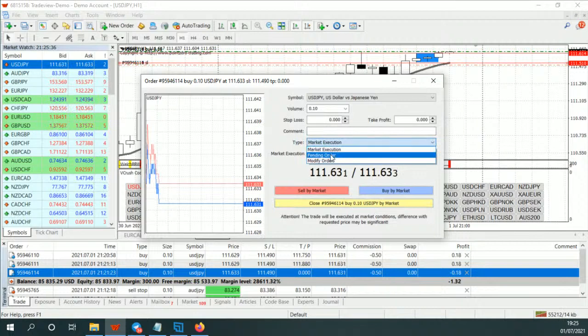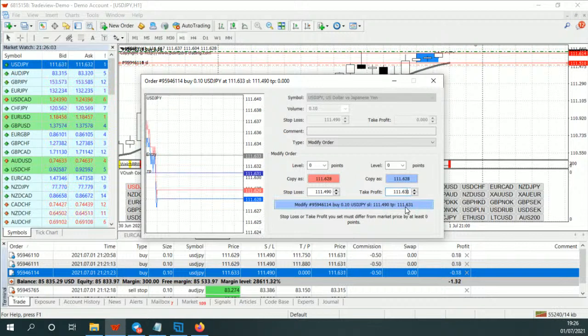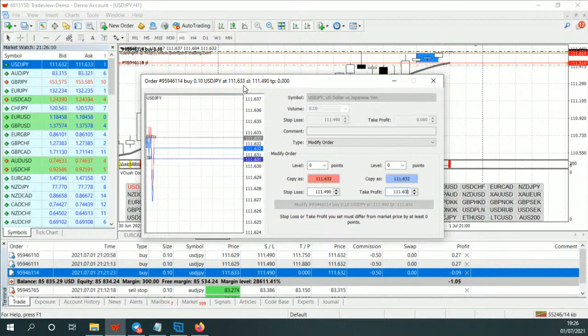So it will be 62 plus 39, that will be 112.01. Okay, that is take profit number 3.